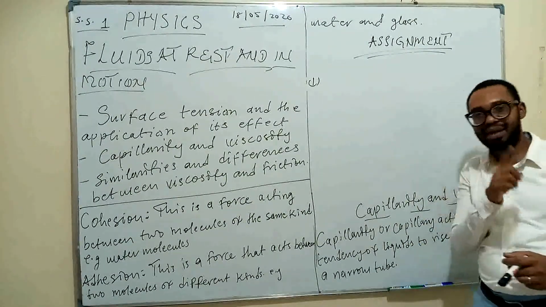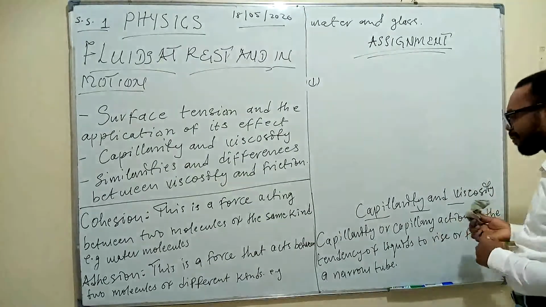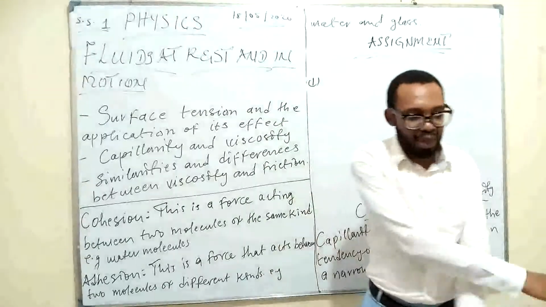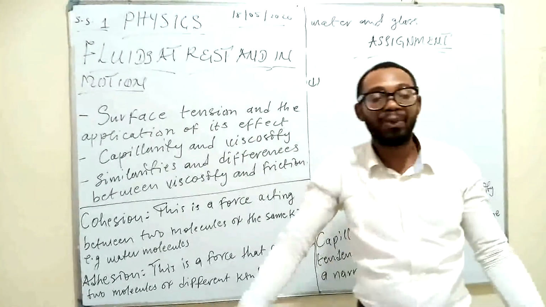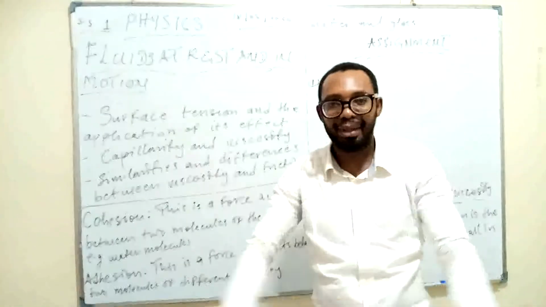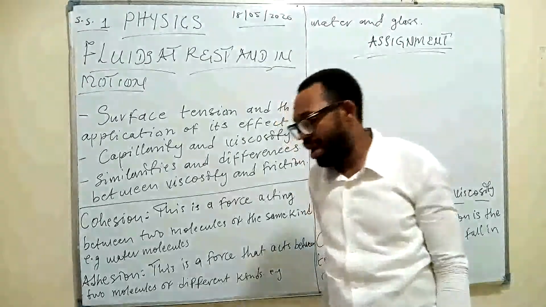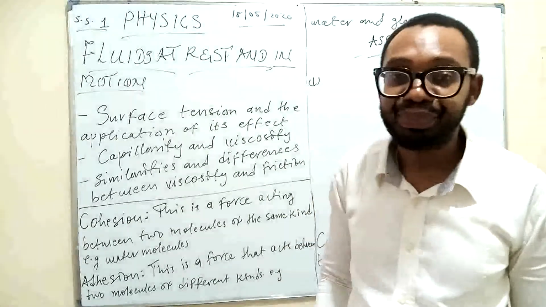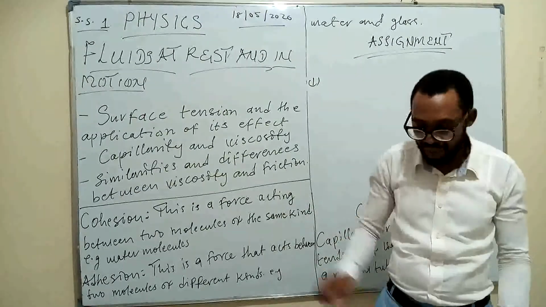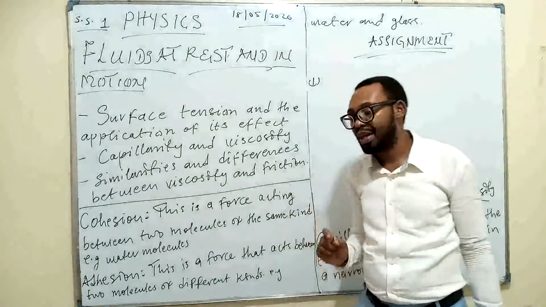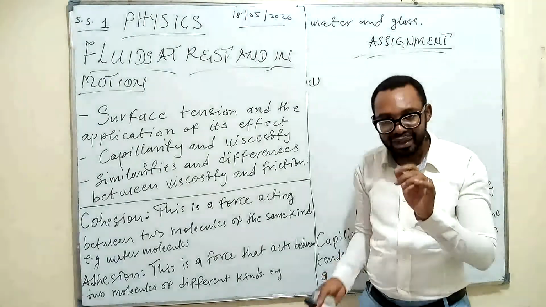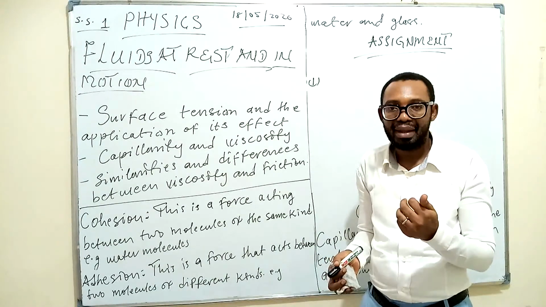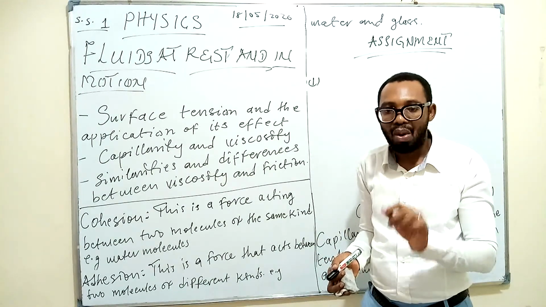Now, it shows that if you pour a liquid, particularly water, on the floor, it will flow and spread evenly. But if you pour some quantity of mercury on the floor, what happens? Even if it's a drop, it will fold itself, forming droplets, like a ball on the floor.